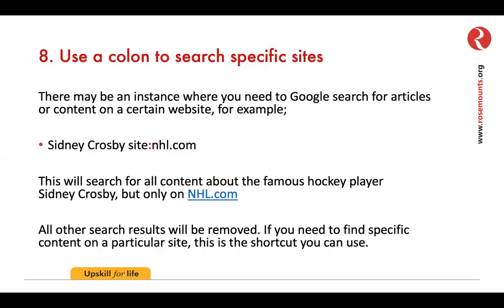Google now is going to deep dive into the New York Times and pick up the articles which specifically talk about 21st century skills. Again, a wonderful, fantastic tool when you have to deep dive into a specific website.